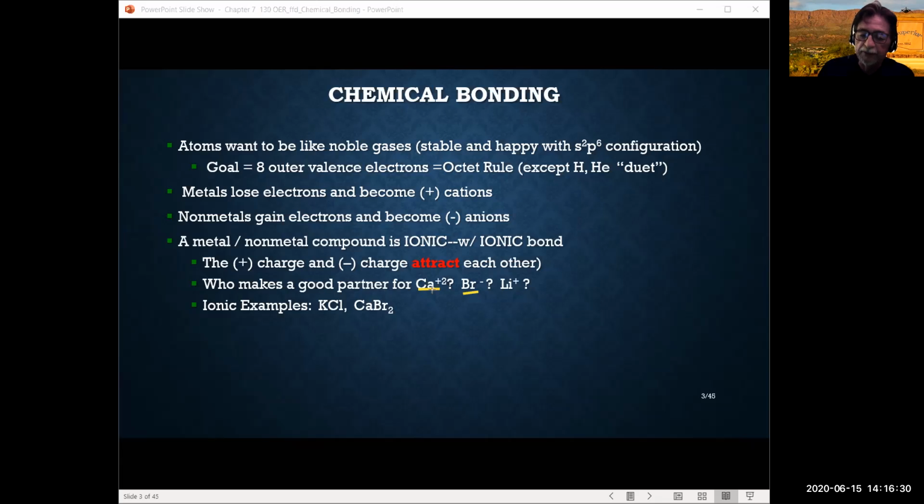But that calcium has a +2. So we need two bromides to cancel the +2. Hence, when we write the formula, we put a subscript 2 to tell us there's two bromides, okay? Notice with the chloride is a -1. Potassium is a +1. So it's a simple 1-to-1.